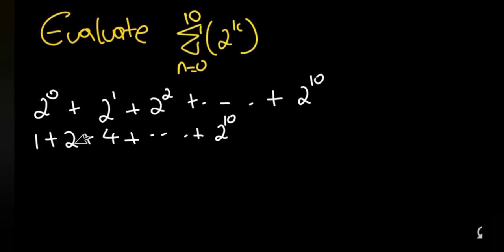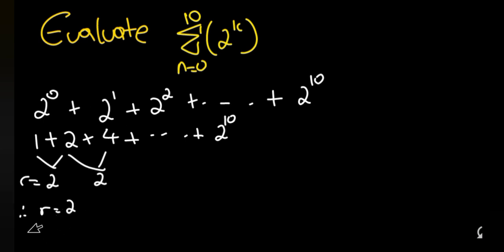To check, you simply check the ratio between any two consecutive terms. 2 divided by 1 gives 2, and 4 divided by 2 gives 2. You can clearly see the ratio between any two consecutive terms is 2. So our ratio is 2 and our first term is 1.